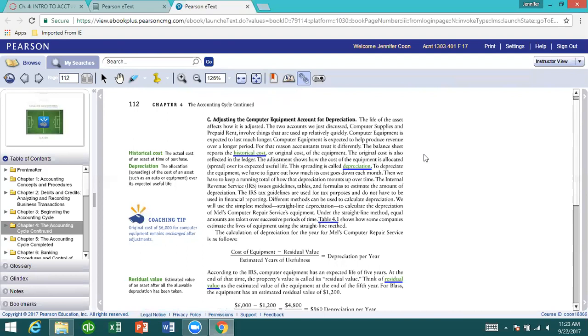You can only use a computer for so long and then it becomes outdated or useless. You can only use a vehicle for so long. You can only use these fixed assets for so long. So they have a life, how long they're going to live for, per se. Each period, we have to adjust them for how much we've used them up for. So that's what depreciation is.